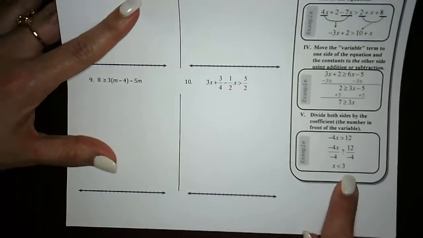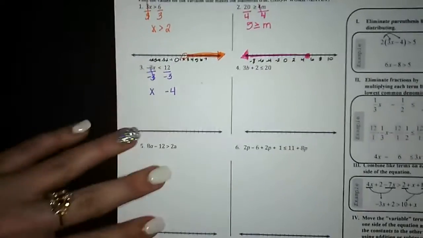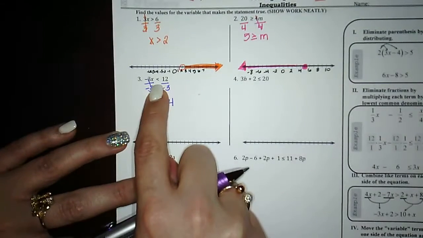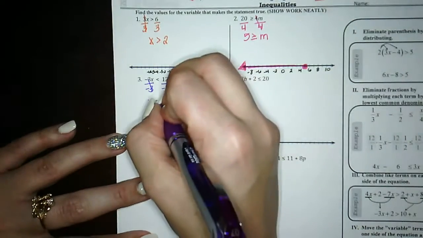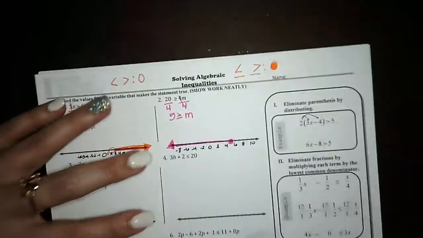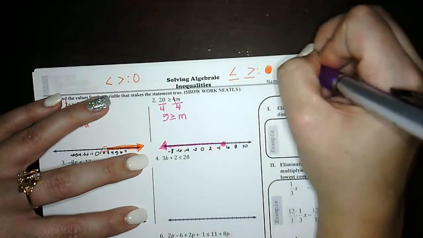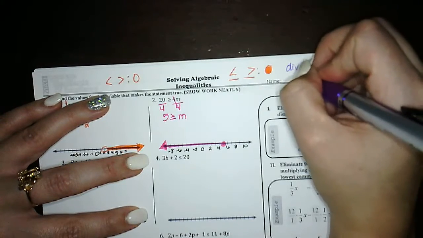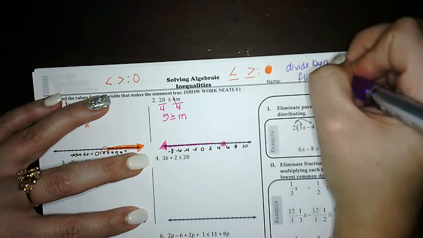When you divide by a negative, your inequality sign flips. So instead of x being less than, x is now going to be greater than. This is only when you divide by a negative. So divide by a negative, flip inequality.